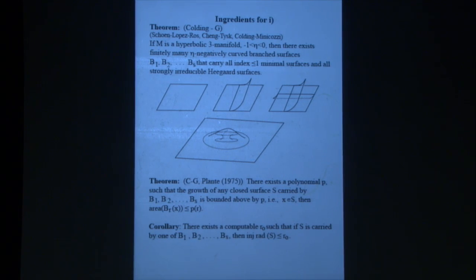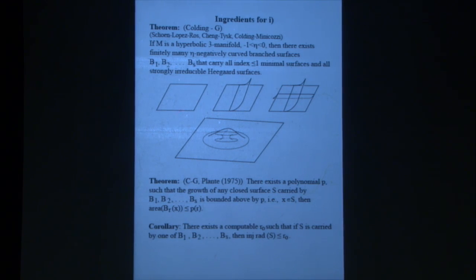A branch surface is simply a 2-complex where locally it either looks like a surface, or two surfaces coming together tangentially and smoothly along a branch locus, or locally three coming together in that manner.